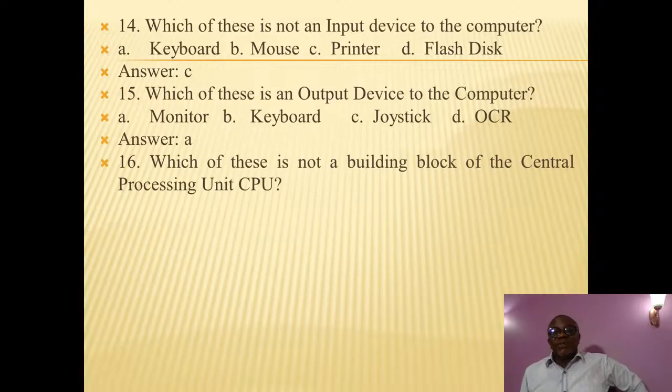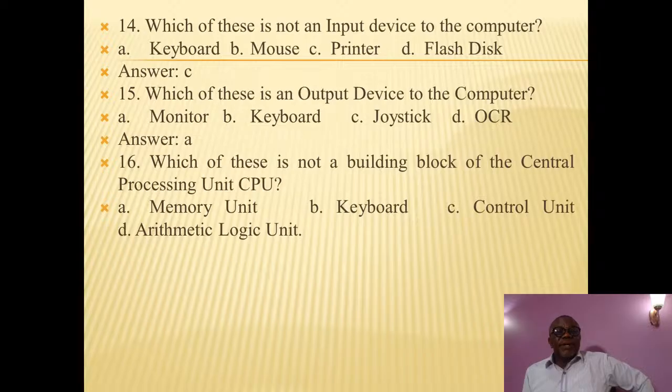Now, which of these is not a building block of a central processing unit, CPU? A, memory unit, B, keyboard, C, control unit, and D, arithmetic logic unit. If you recall, when we showed the building block of the central processing unit, we have our memory unit, our control unit, and our arithmetic logic unit, ALU.